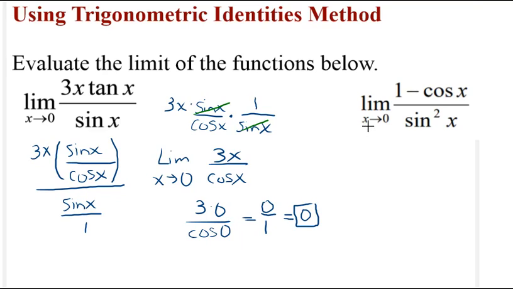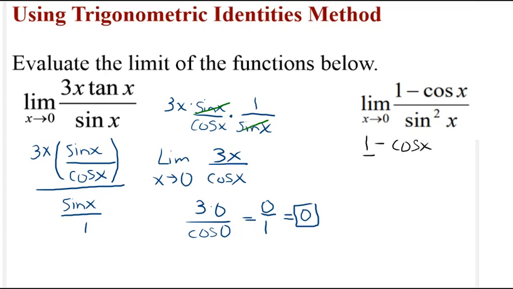Now for my next one, I have the limit as x approaches 0 for 1 minus cosine squared over sine squared of x. Again, if you remember your trigonometric identities, sine squared is the same thing as 1 minus cosine squared.